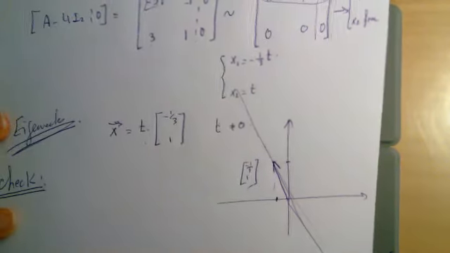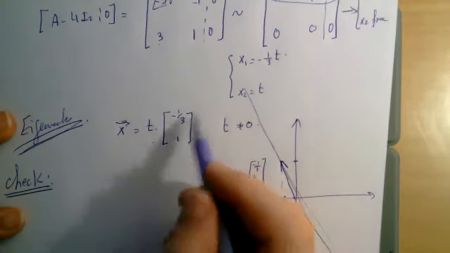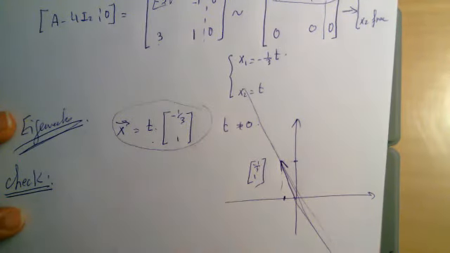Now I get back to you. How do I check that those are actually eigenvectors? What would I check for? How can I convince you that I'm doing the right thing? Check the original equation, Ax is equal to lambda x.